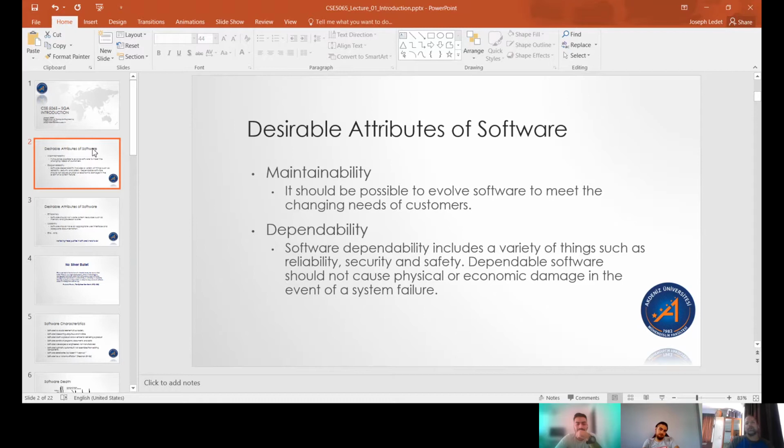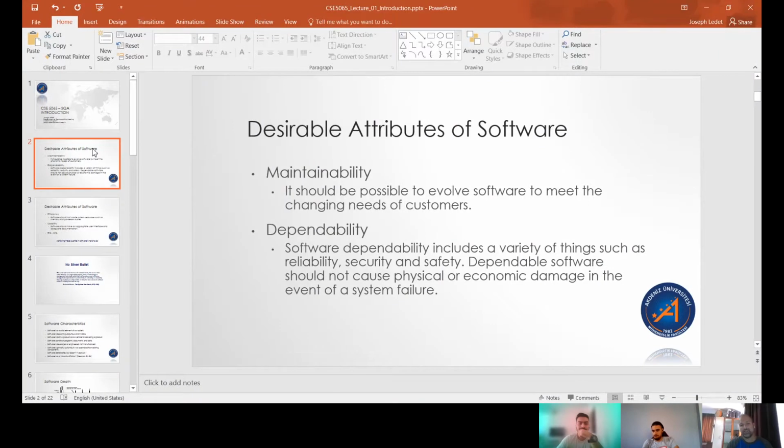We want to make sure that they are maintainable. For example, if it needs to control a system 20, 30 years from now, we need to make sure that it will still do just as good a job, hopefully an even better job in 20 years than it does today. That's the maintainable part of that attribute.